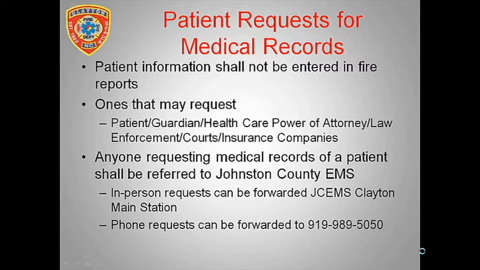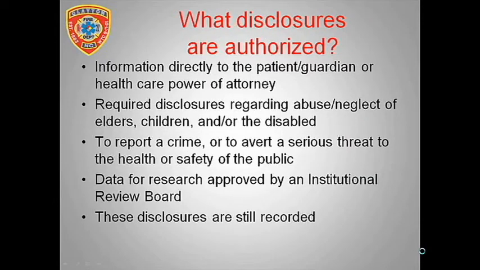What disclosures are authorized? Obviously, information directly to the patient or guardian or healthcare power of attorney, for obvious reasons. I mean, you're talking to the person or the legal representative of that person. Required disclosures regarding abuse or neglect of elders, children, and or disabled. So if we go on incidents and we see abuse, these are automatically authorized disclosures.